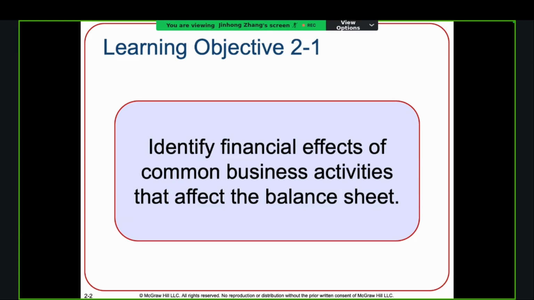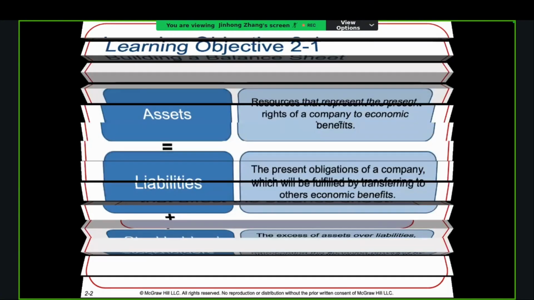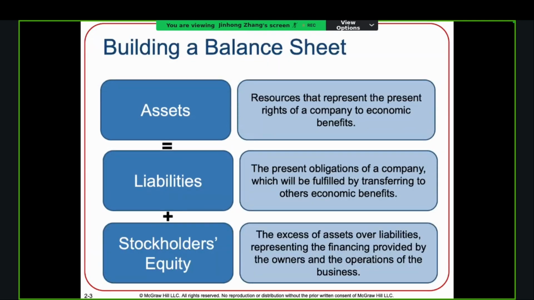So chapter 2, learning objectives. Identify financial effects of common business activities that affect the balance sheet. So building the balance sheet, you start with the assets, right? Assets are the resources that represent the present rights of a company to economic benefits.